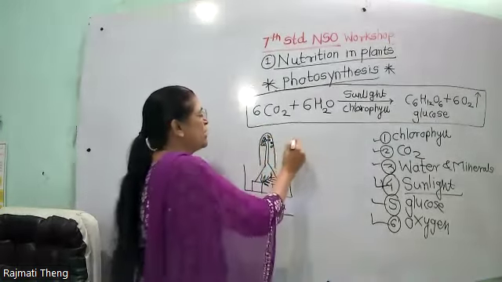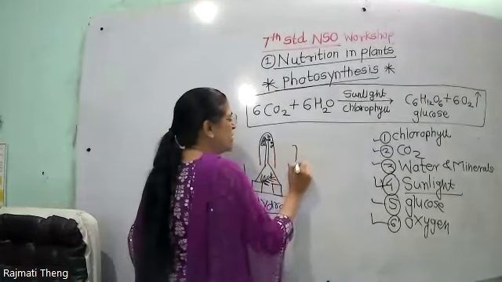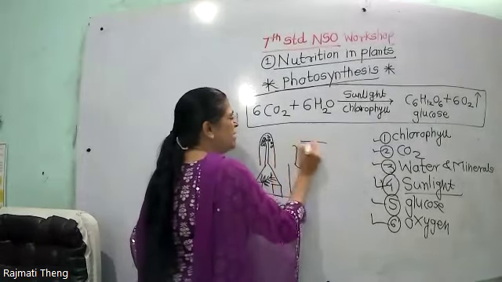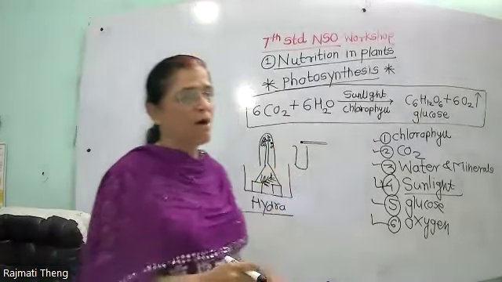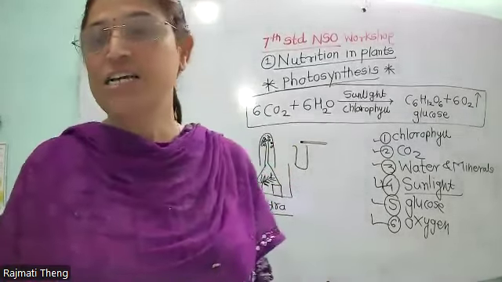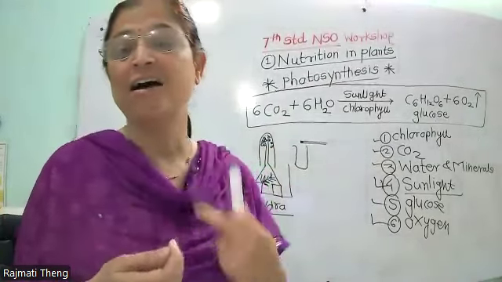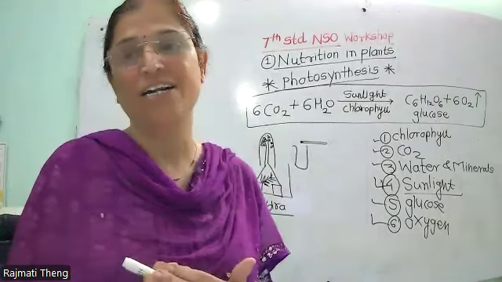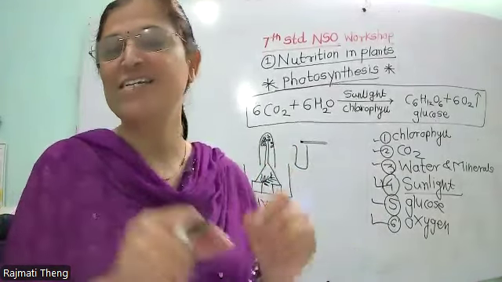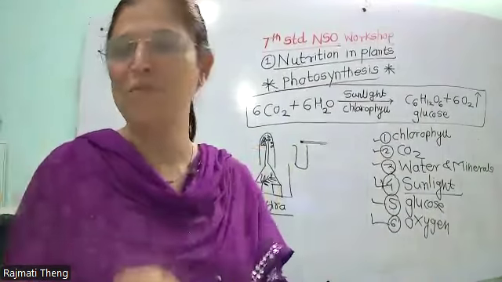Now when we invert that test tube and bring a burning matchstick to the mouth of that test tube, that matchstick glows continuously. It glows continuously because oxygen helps in burning.